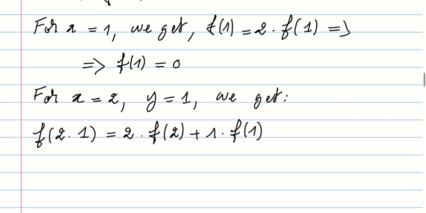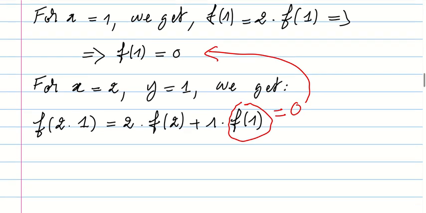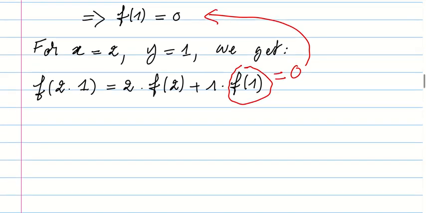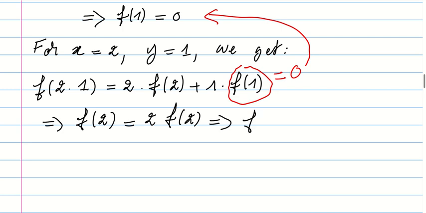But f of 1 equals 0, this is proved here. And then this implies that f of 2 equals 2 multiplied by f of 2, and this implies that f of 2 equals 0.